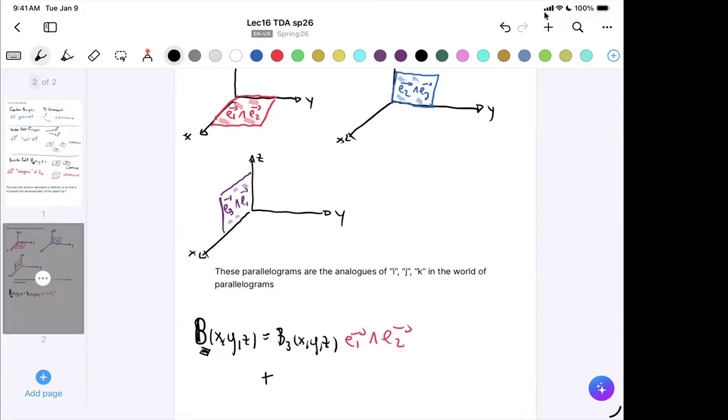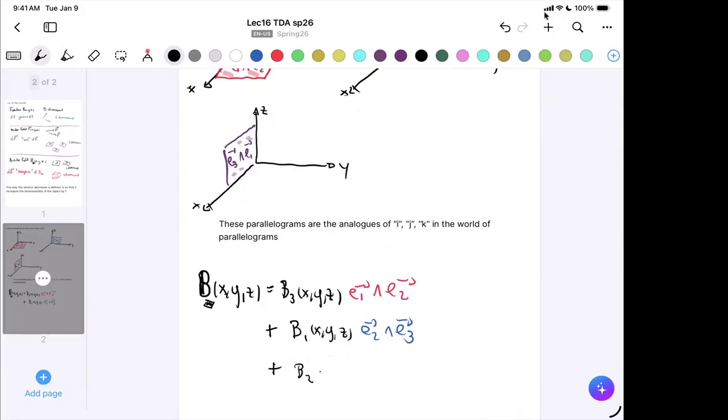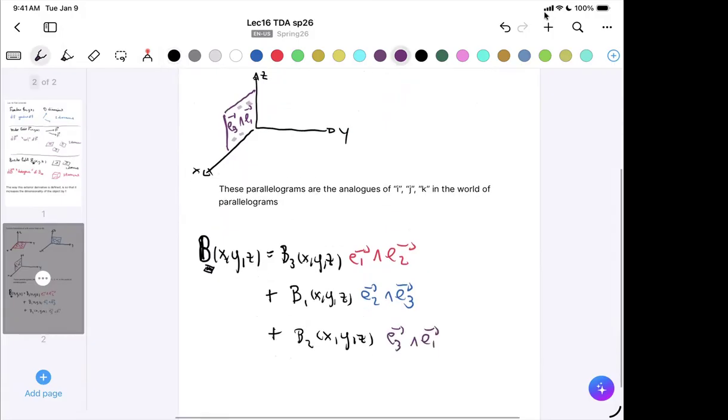So I'm just going to write it in this way and I'll explain something about it in a moment.